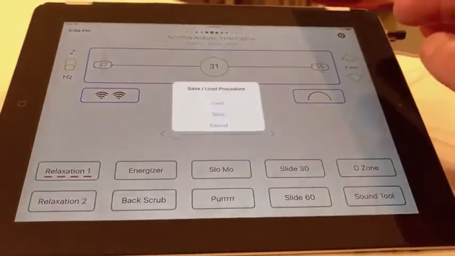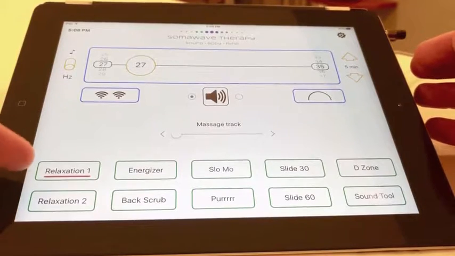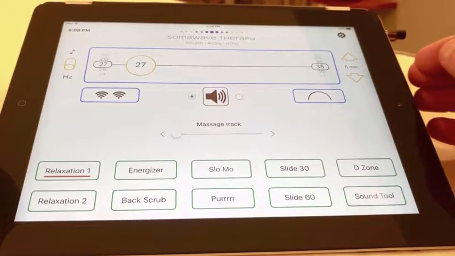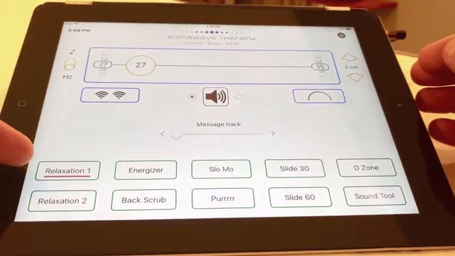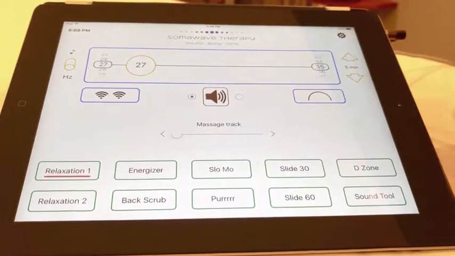So let's jump right in. What I have here is two examples, two memory slots dedicated to relaxation. The first one is a bit milder, gentler, softer, for more sensitivity.